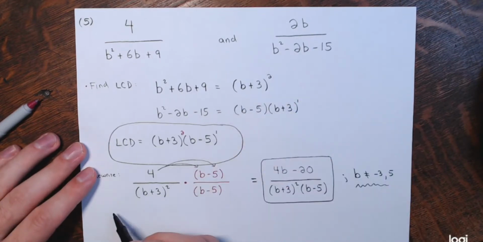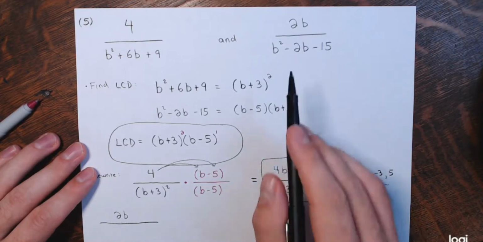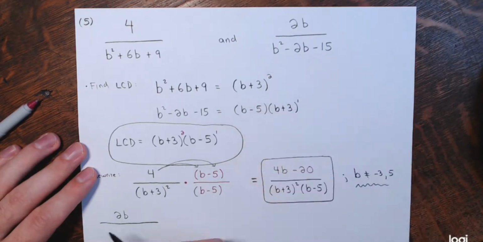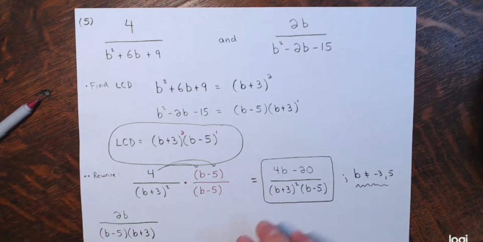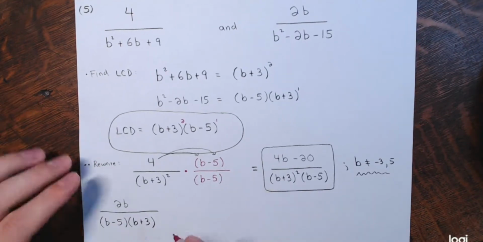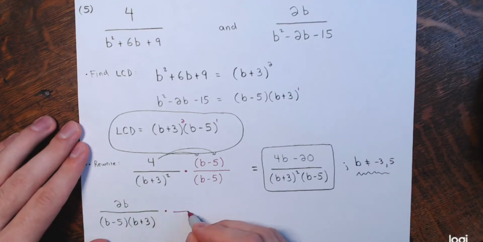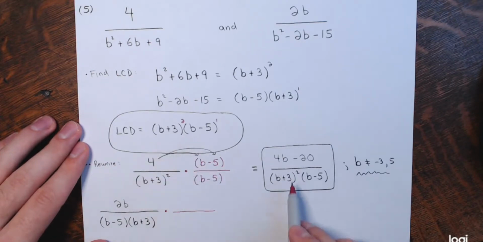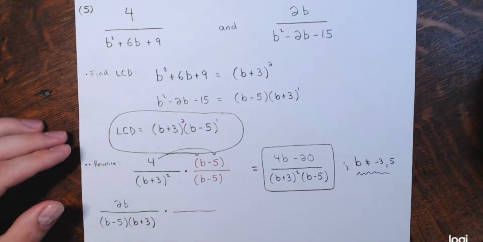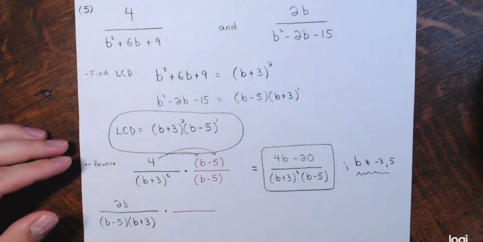All right. Second fraction, 2b in the numerator. And then the b squared minus 2b minus 15, that's b minus 5 times b plus 3 in the denominator. And then just as before, I would like to multiply the numerator and denominator by some expression so that the denominator becomes the LCD, and I get two fractions with the same denominator, a common denominator, this least common denominator.